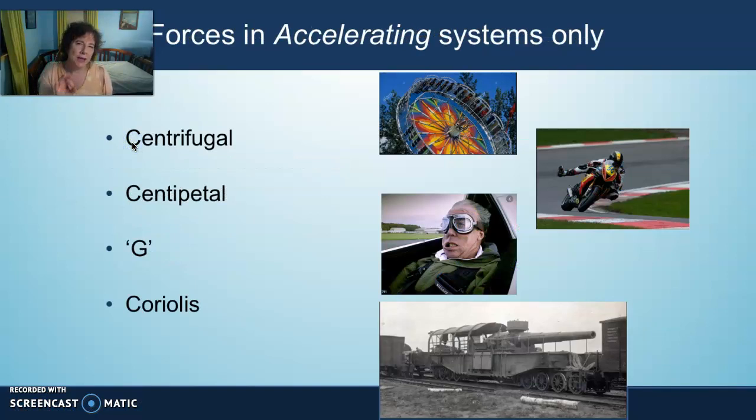These forces that you know, a centrifugal force, a centripetal force, a G-force, they are not true forces because they act only on forces that are changing their acceleration. Let me explain. The one you know from every ride that you go on, just about every ride that you go on, is centrifugal force.